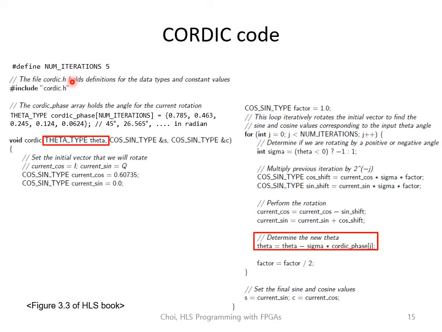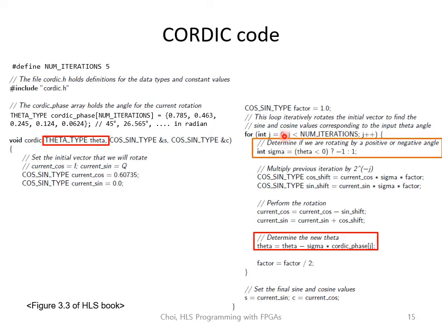Now, unlike the algorithm description where we add from degree 0 and try to reach the target angle, the C implementations start with the target angle and subtract pre-computed degrees each iteration.